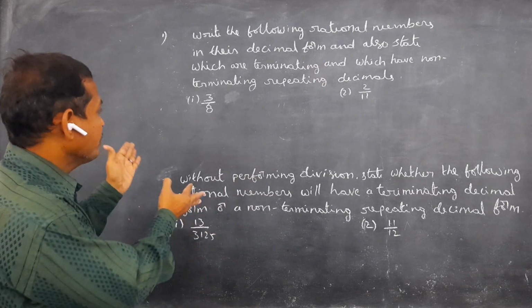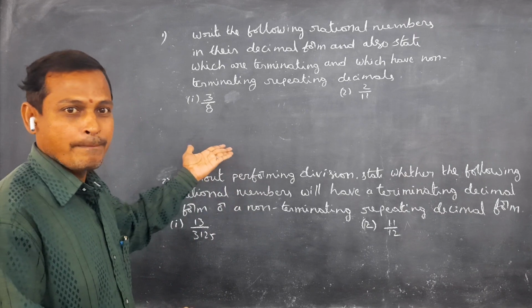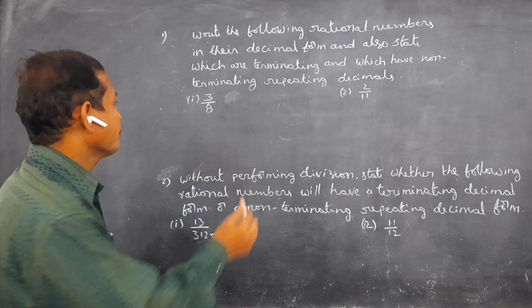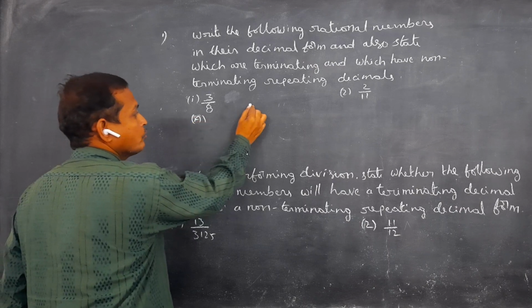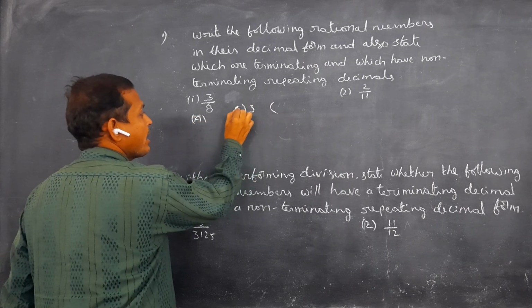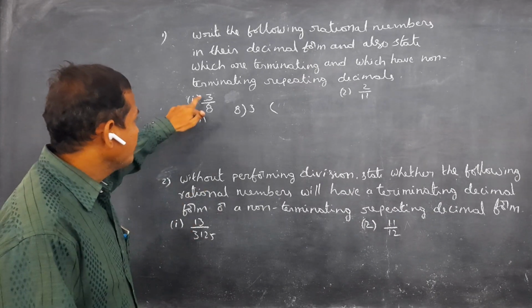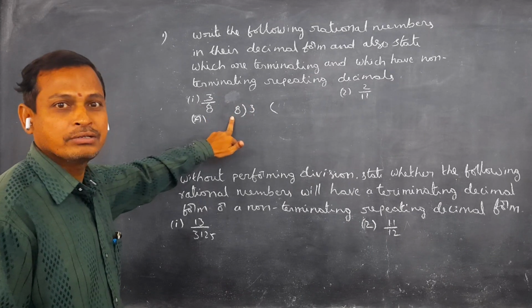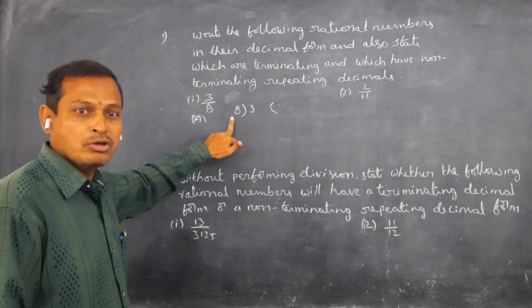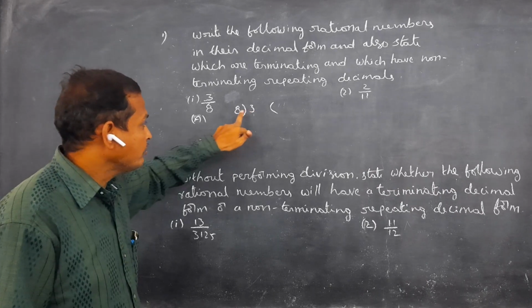In the given question, we should use the division method. Solution: 3 is divided by 8. Children, the numerator value, 3, is the dividend and the denominator value is the divisor. Every child should understand that the denominator is written as the divisor.